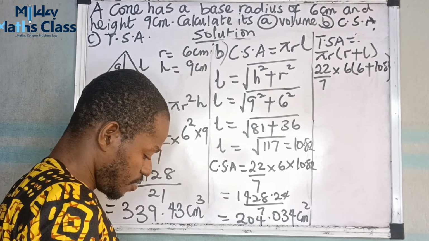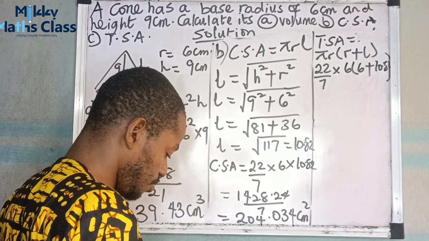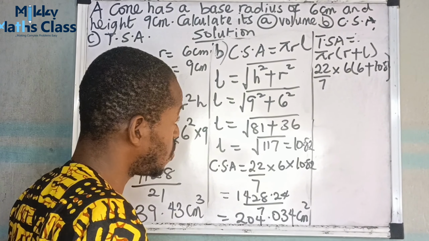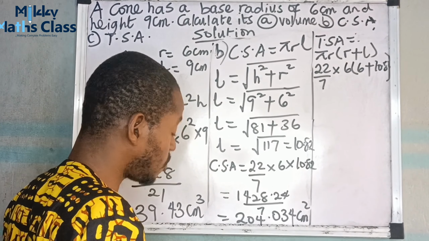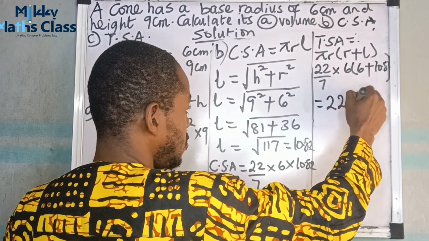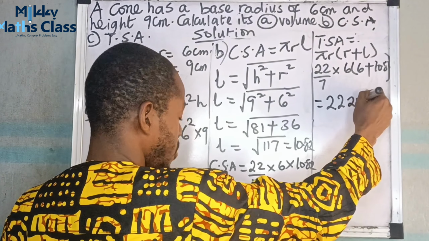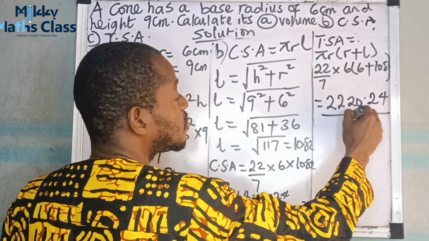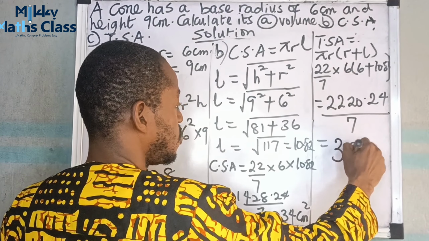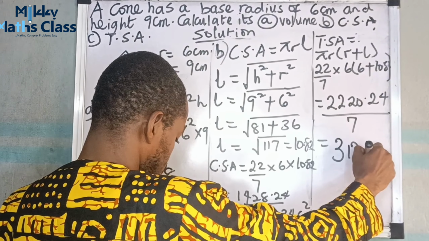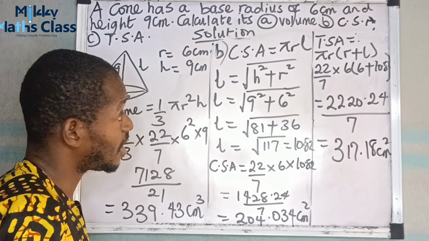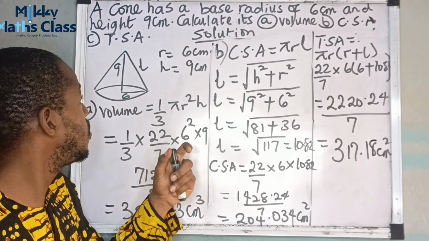So let's calculate. 10.82 added to 6 is 16.82, times 6 times 22. This will give us about 2220.24 all over 7. So when we divide that by 7, we are going to have 317.18, of course centimeter squared. So that is the total surface area of the cone.